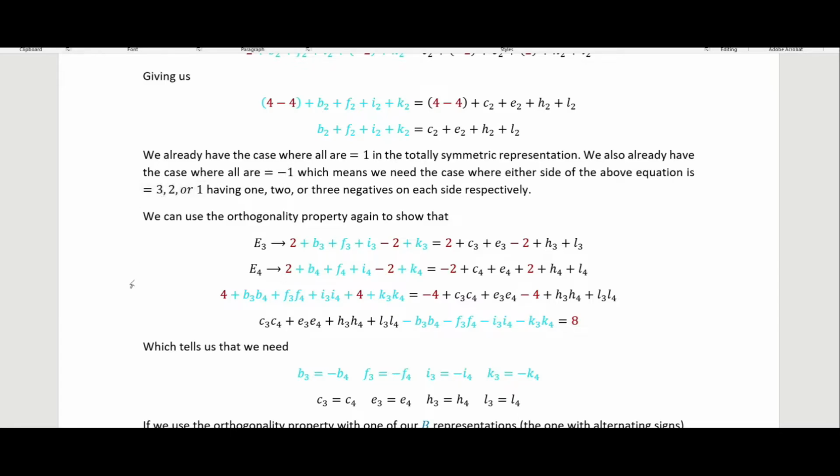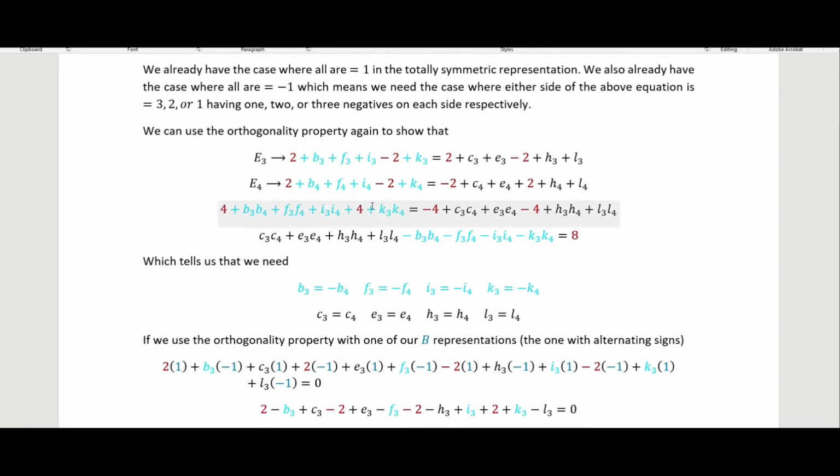minuses on either side. So we can use the orthogonality property to show that if we have our E3 and E4 go to these here, that what we have ultimately is that if we have the C3 times C4, E3 times E4, H3 times H4, L3 times L4, and then minus all these blue ones, it has to be equal to 8.